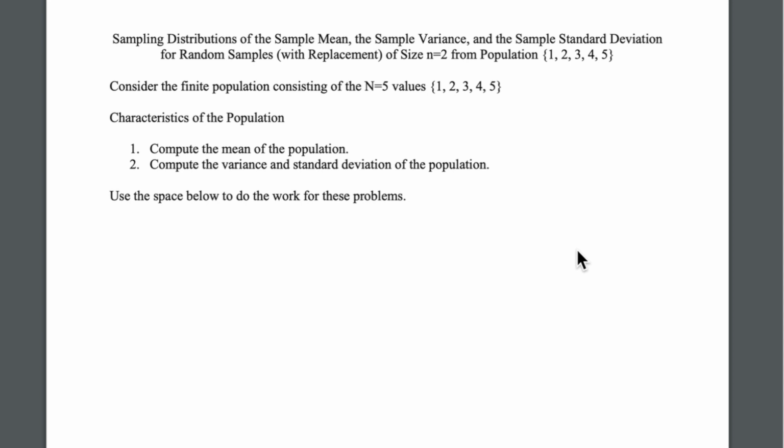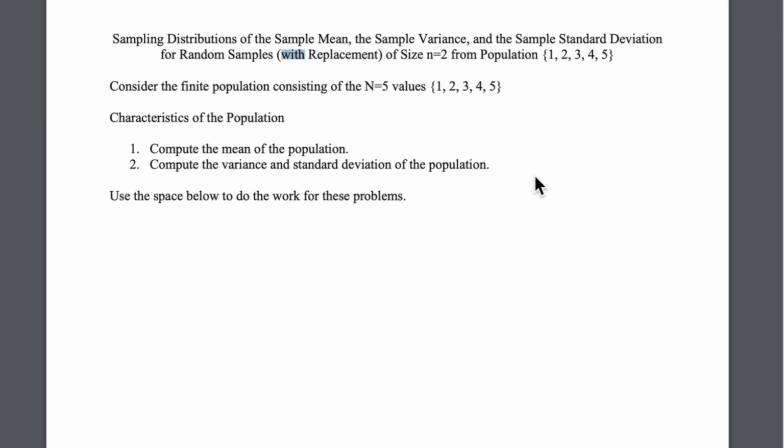In particular, this is the sampling distribution worksheet for the sampling distribution of the sample mean, the sample variance, and the sample standard deviation for random samples of size n equal to 2 from the population that has 5 values, the values 1 through 5, and the random samples are taken with replacement. All right, so that's going to be very important for us to consider here. And so we are going to be looking at solutions to this worksheet.